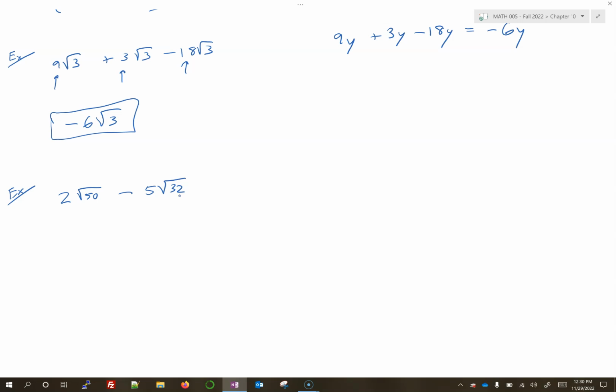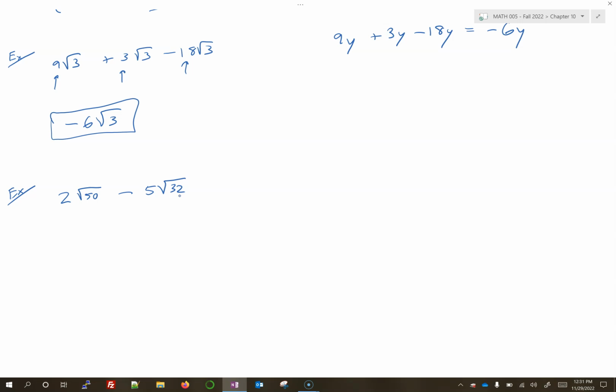My radical isn't the same, so I can't treat the square root of 50 and the square root of 32 like the same variable. So what you have to do in this situation is simplify the radical expression such that you get each term in this expression to have the same number underneath the radical, or number and variable. But in this case, we're just dealing with numbers.